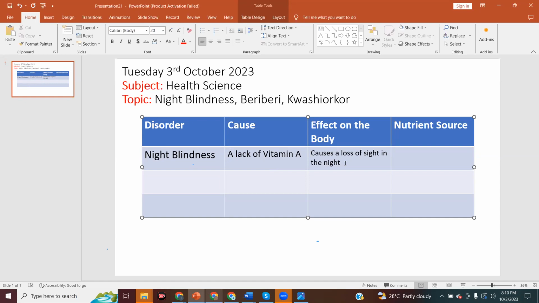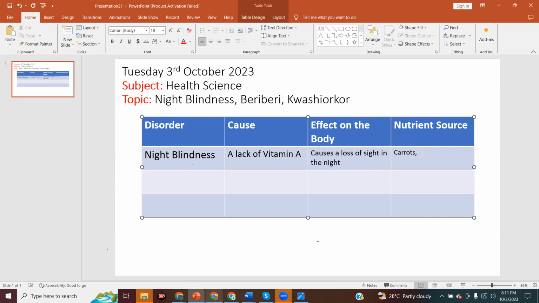And what nutrient source are you lacking? Vitamin A. Well, you're lacking vitamin A, but where does vitamin A come from? Apples? No, please. Where do you get vitamin A? Carrots. Thank you. Sweet potato.